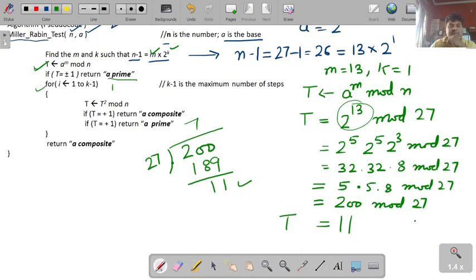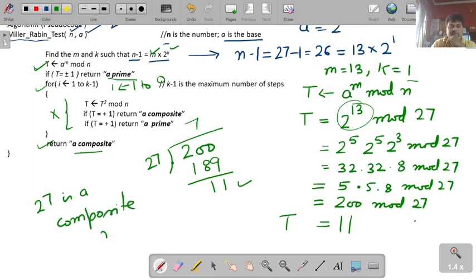The loop runs from 1 to k minus 1, and the value of k is 1, so 1 minus 1 is 0 and it will not enter this loop. So it moves to the next statement, return composite. It means 27 is a composite number.